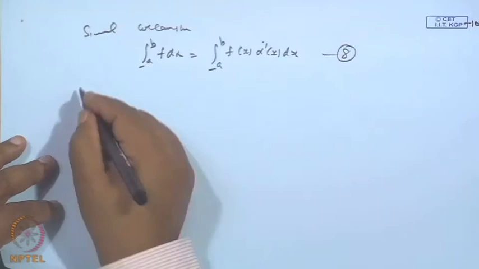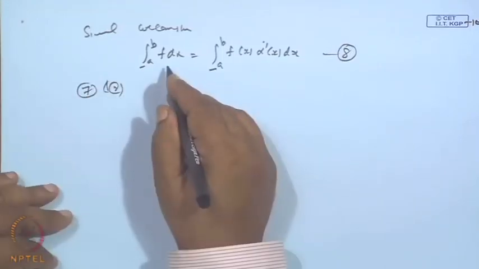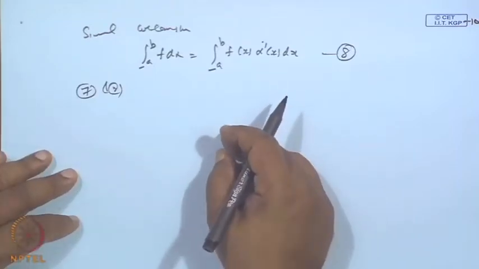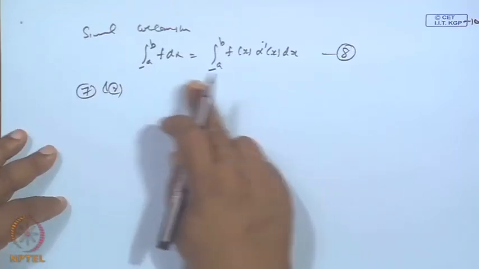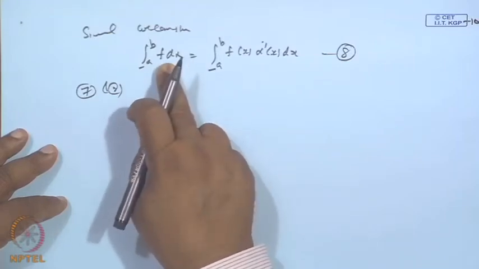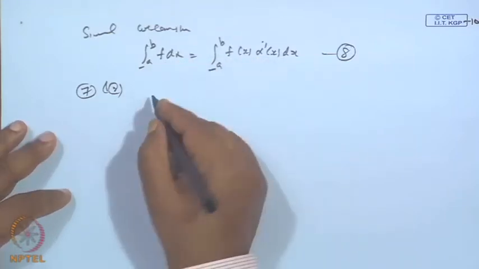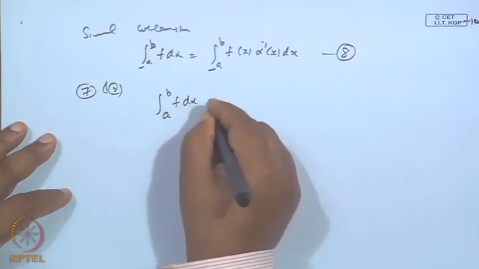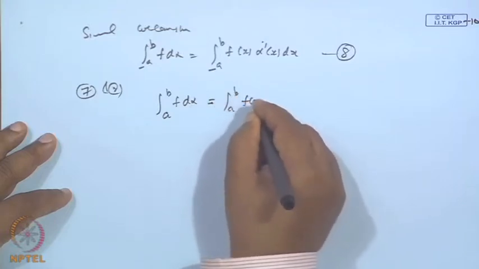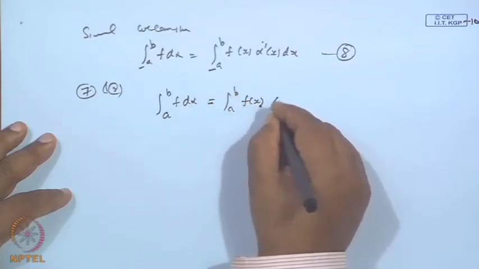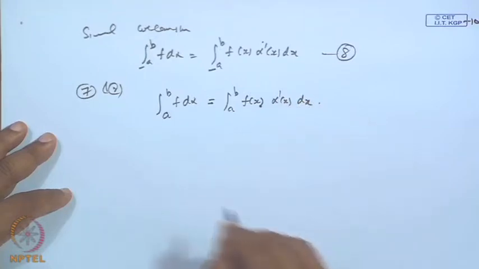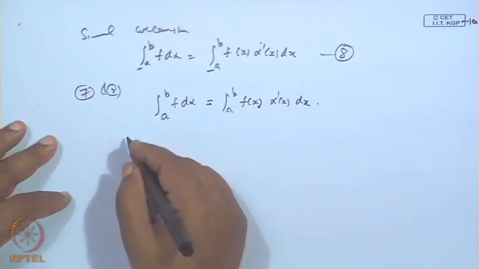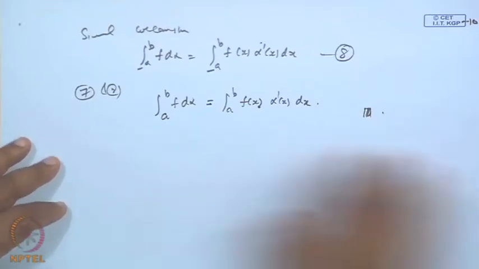So, 7 and 8 imply, if f is given, what is given is that the function alpha dash is integrable and f is a Riemann-Stieltjes integral, then the left hand sides are equal. Therefore, these two are equal and we get the integral from a to b of f d alpha is the same as the integral from a to b of f(x) alpha dash(x) dx. Okay. So, this proves the result.